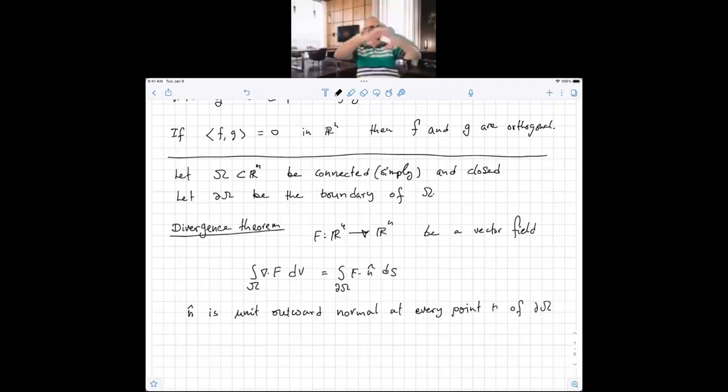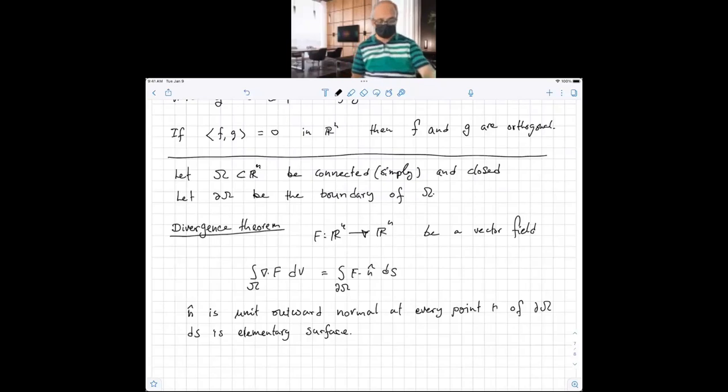So delta omega is a surface and ds is an elementary surface element. It's nice mathematics, not complicated, because we are not going to do any functional analysis or real analysis.